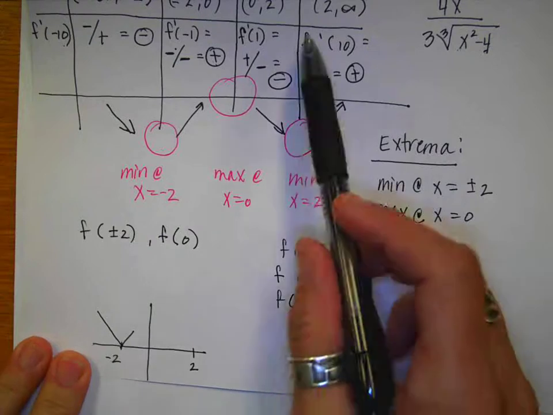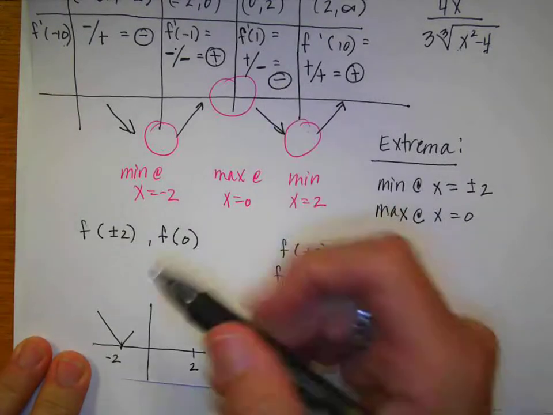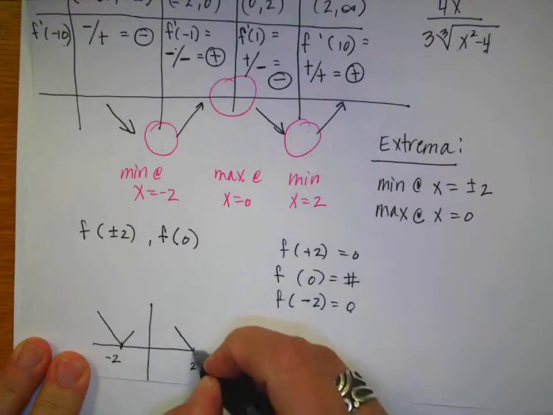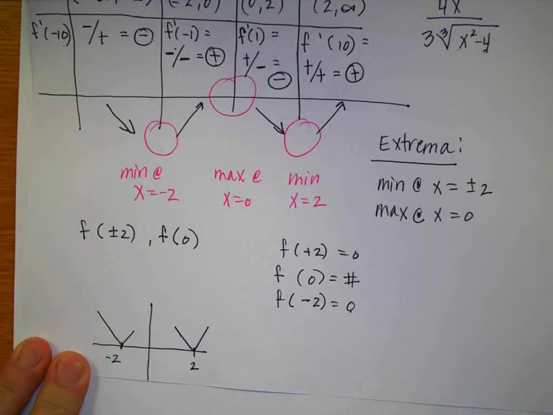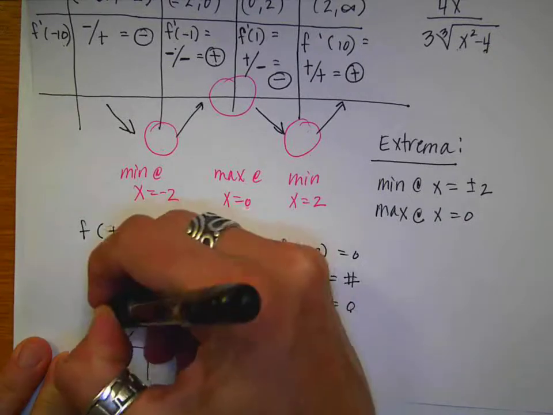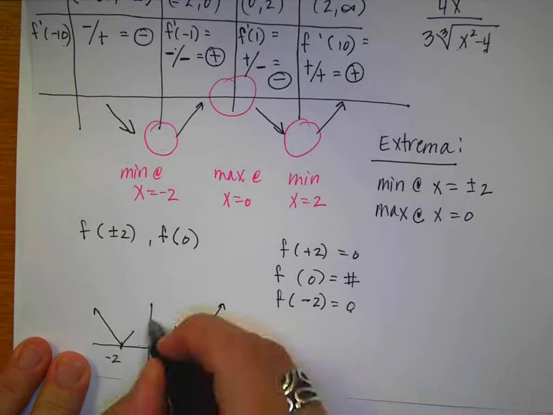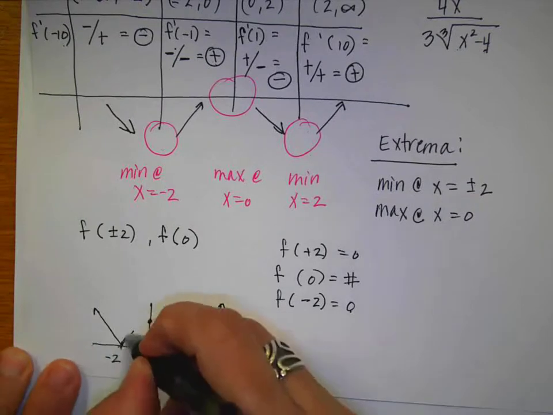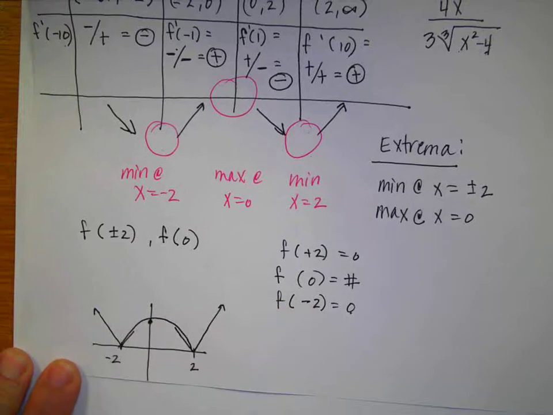And then when I get over here to 2, on the left-hand side of 2, I know that the slope is decreasing, and then on the right-hand side of 2, it's increasing. So I know that my graph is going to look something like this and this, and I know that this is a maximum because we determined it, and I can actually find it. So I can actually kind of get a decent sketch of my curve right there.